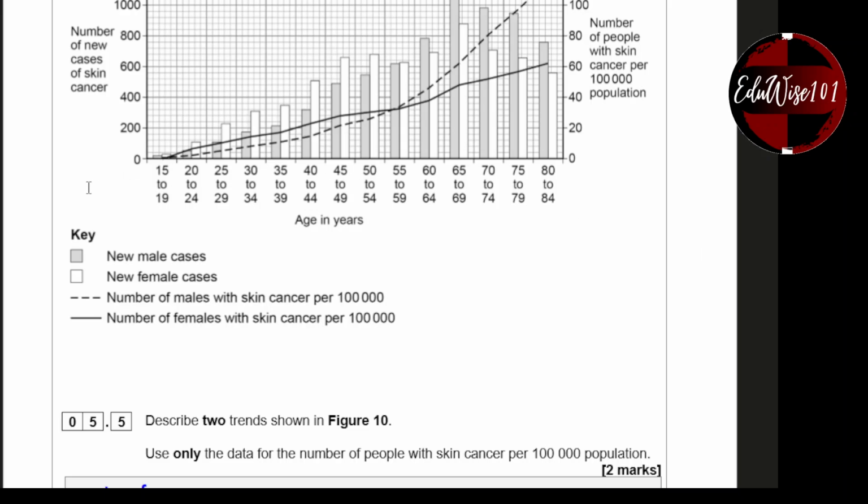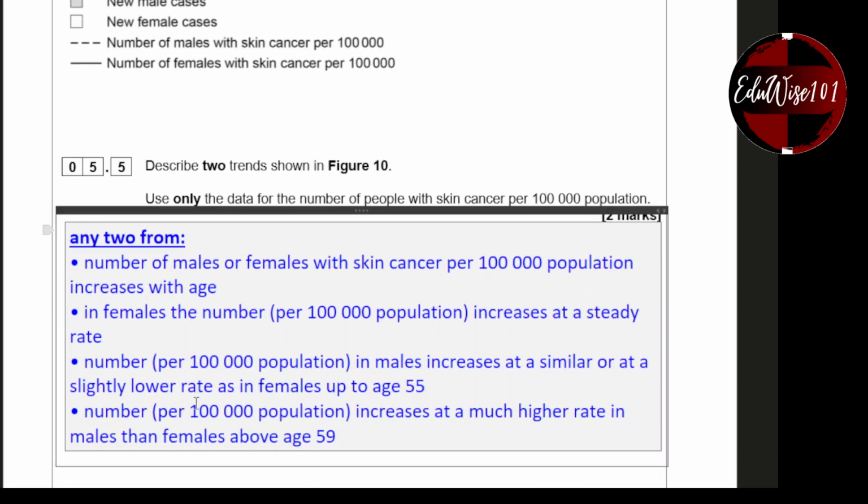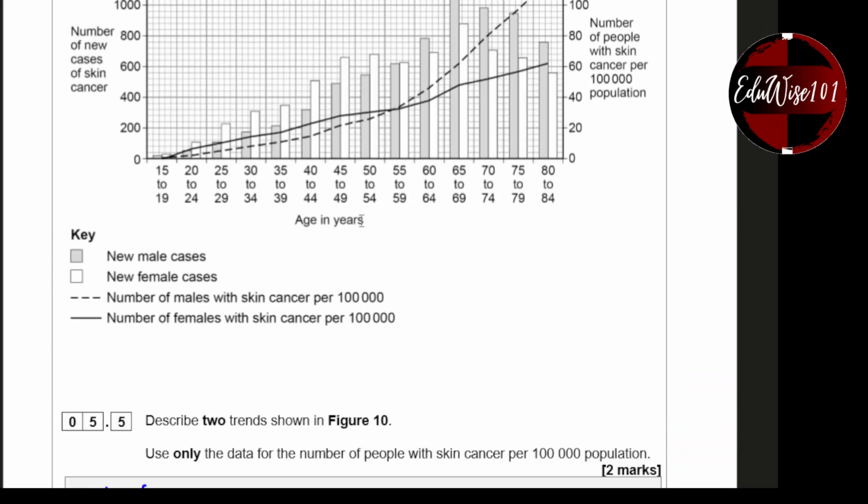In both cases it is increasing with age. First pattern, in females the number per 100,000 population increases at a steady rate, and the number of cases per 100,000 population in males increases at a similar or slightly lower rate as in females up to age 55. And then the number increases at a much higher rate in males than females above 59, after this point.